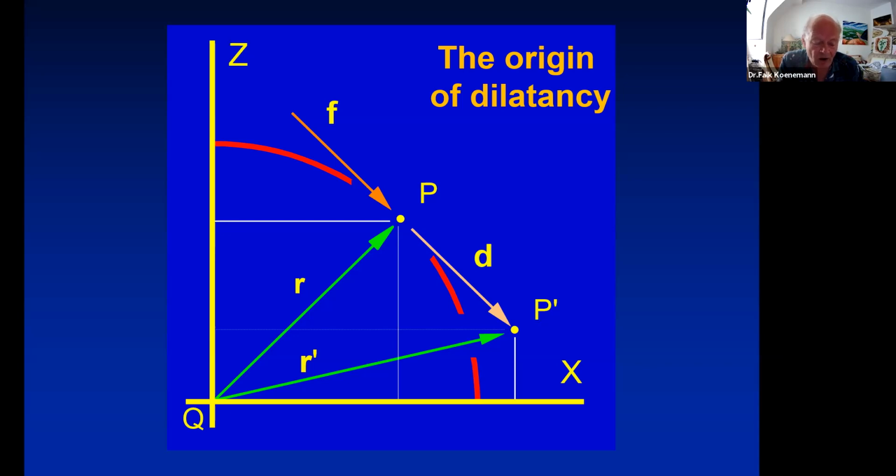But then all new vectors R prime are longer than R. This is independent of the quadrant we are looking at. It follows that all shear forces have a dilating effect, and the effects of two shear forces with opposite sign do not cancel, but add. Dilatancy is simply the effect of shear forces.